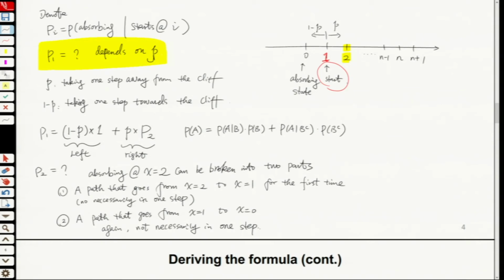So now let me write it down. So the first one, this one, this is actually P1. This is obvious because this is the definition. You go from location 1 to 0. Why is this P1?